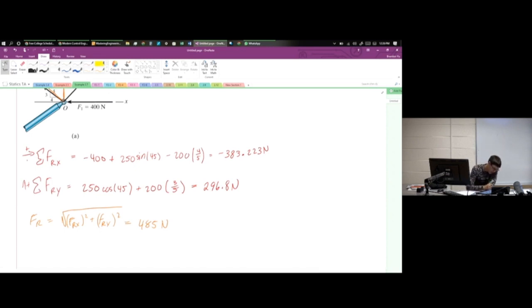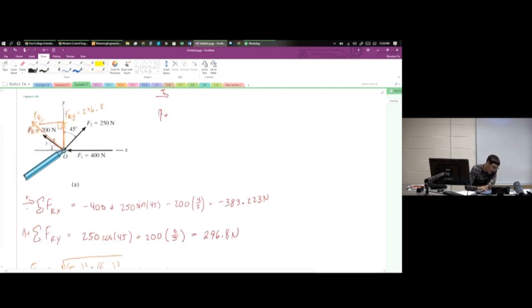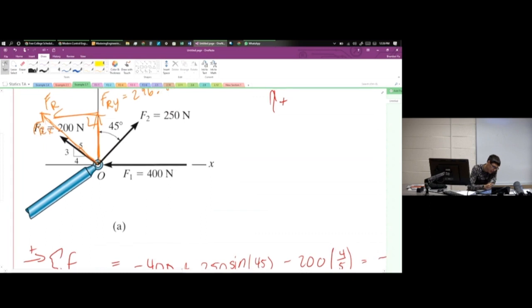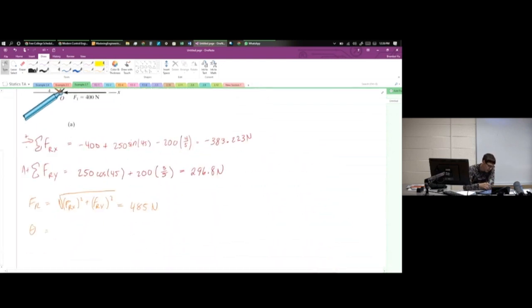So then our theta angle, right, is going to be, so how would I find the theta angle? Assuming I don't know this FR, FRX and FRY, right? So theta will be inverse tangent, right? And then what would we have? Would y or x go on top? Right, so the inverse tangent of y over x, right?